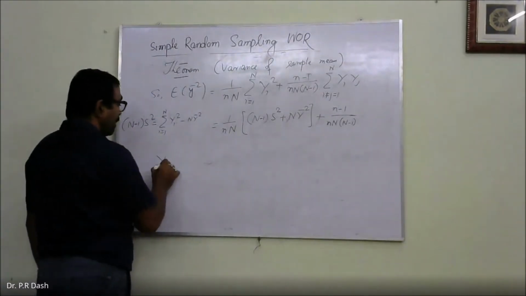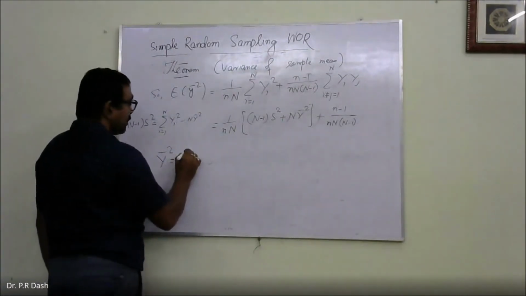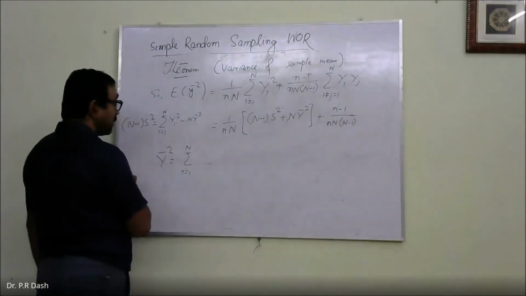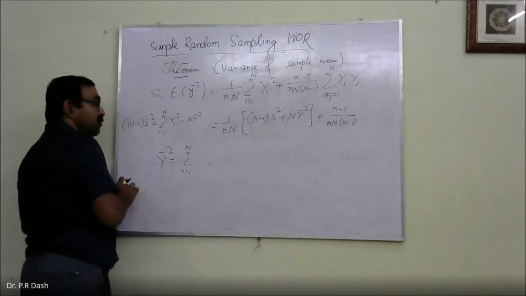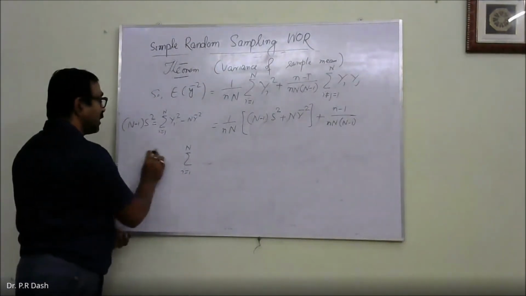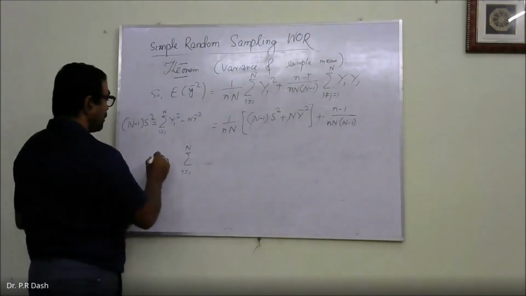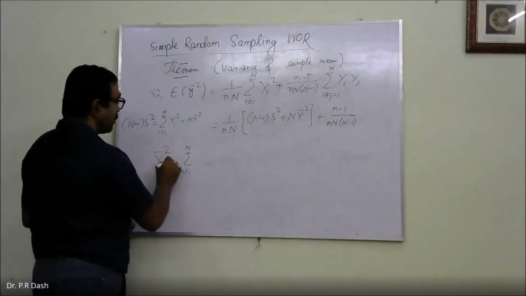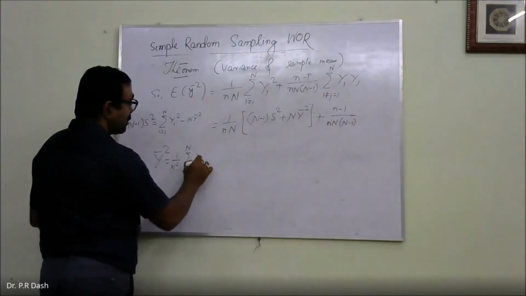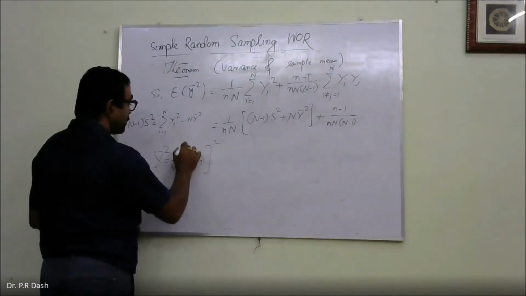Now we have y bar square equal to 1 by n square summation yi whole square.